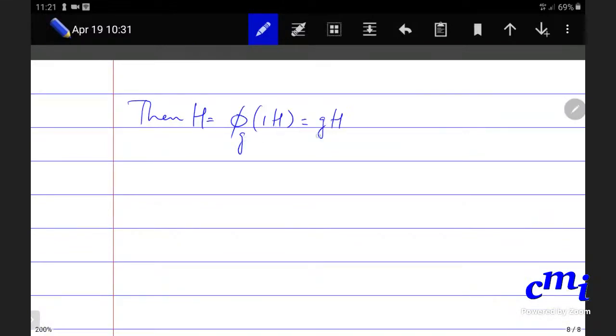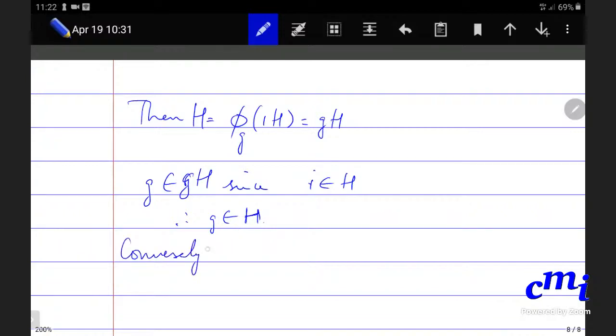But g belongs to gH since 1 belongs to H. Therefore, g belongs to H because these are equal. I mean, g belongs to gH for any group element, but because gH is equal to H, g belongs to H.